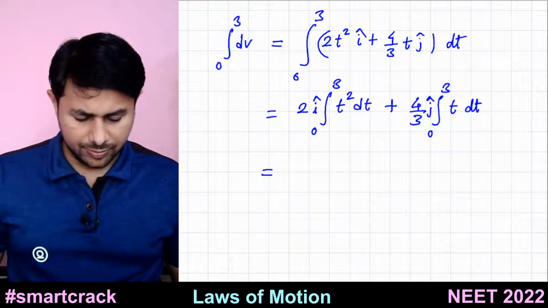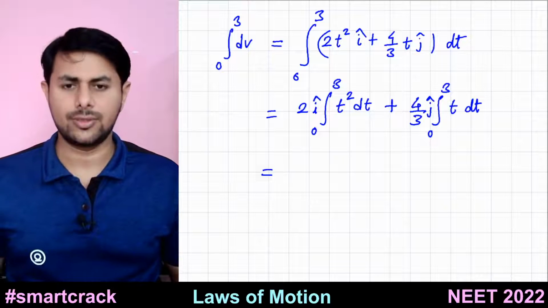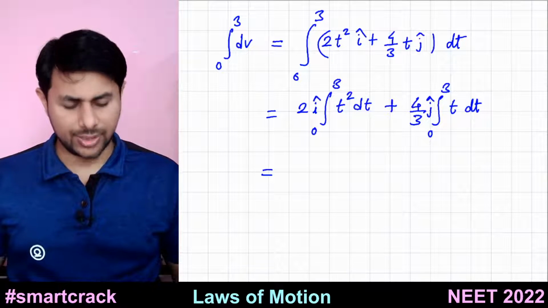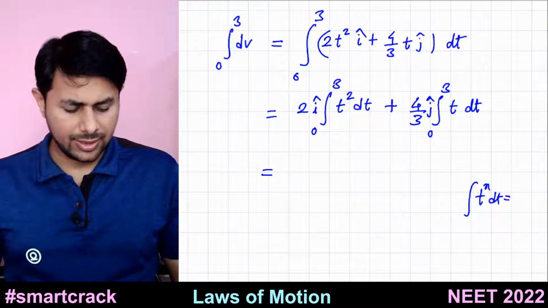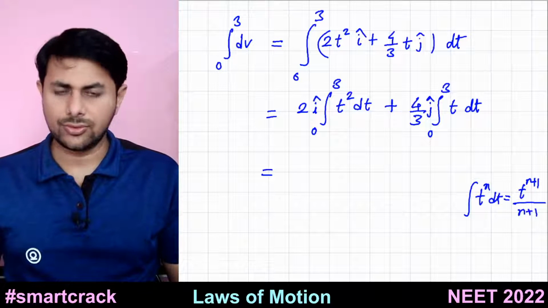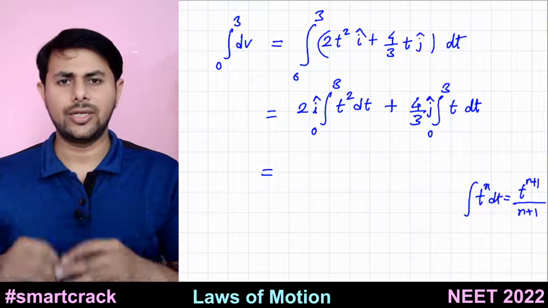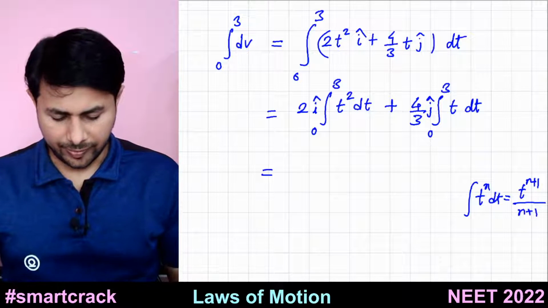What is the integral of t square dt? We know the formula for the integration of t raised to n: t raised to n plus 1 divided by n plus 1. Here n is 2, so it will be t raised to 2 plus 1 upon 2 plus 1, that is 3.